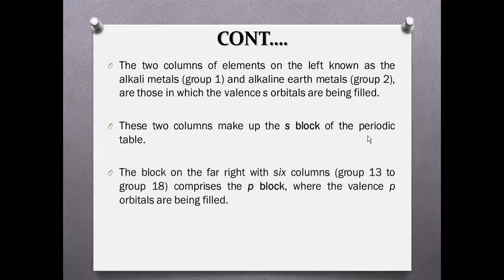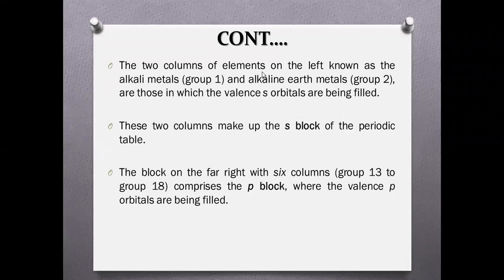Yes, fine. The block on the far right, the 6 columns, but we talk about the right side. Group 13 to group 18, those belong to what? The P block. Why? Because the valency P orbitals are being filled. So you should be very aware about that. Why are we telling the S block, P block? When you check your valency electrons, those valency electrons are being filled at what?